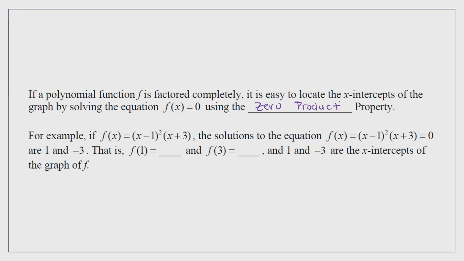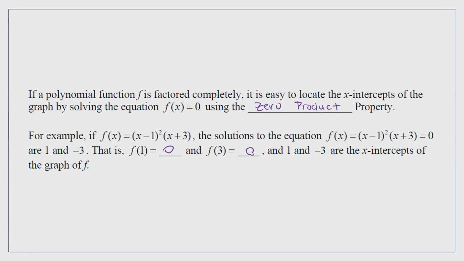For example, if f of x equals the quantity x minus 1 squared times the quantity x plus 3, the solutions to the equation f of x equals 0 are 1 and negative 3. That is, f of 1 equals 0 and f of negative 3 equals 0. And 1 and negative 3 are the x-intercepts of the graph of f.